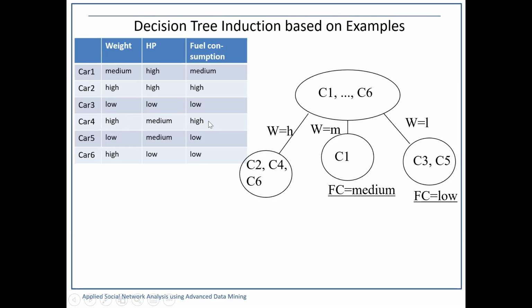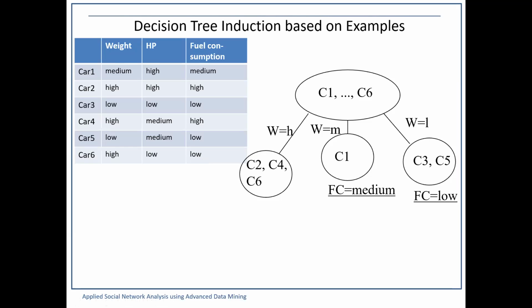Car 4 also has high fuel consumption, but car 6 has low fuel consumption. So it's not sufficient to know that the weight is high in order to predict. It's not predicting because we do have the database already, but it's not sufficient to know a car has high weight in order to establish fuel consumption.